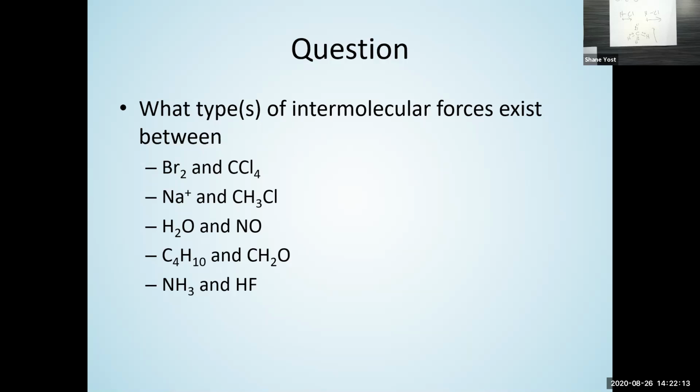So we'll do this one at a time. So Br2 with CCl4, what type of intermolecular forces exist between those two molecules?